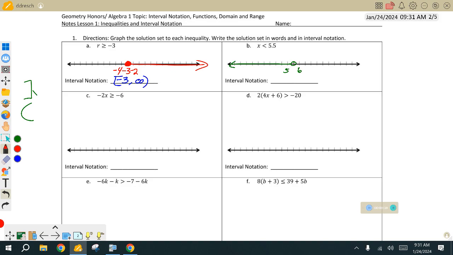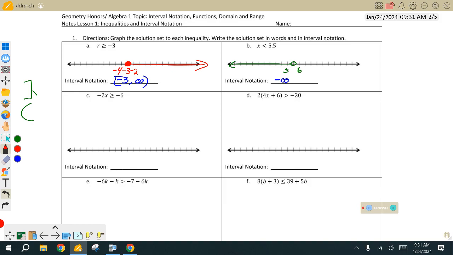Right, I'm starting off at negative infinity. We always read left to right. Now I heard a lot of you say 5.5, and I totally get why you say that. But we always read from left to right. So where's your graph starting off? Negative infinity. So I always write it from left to right, starting off at negative infinity.